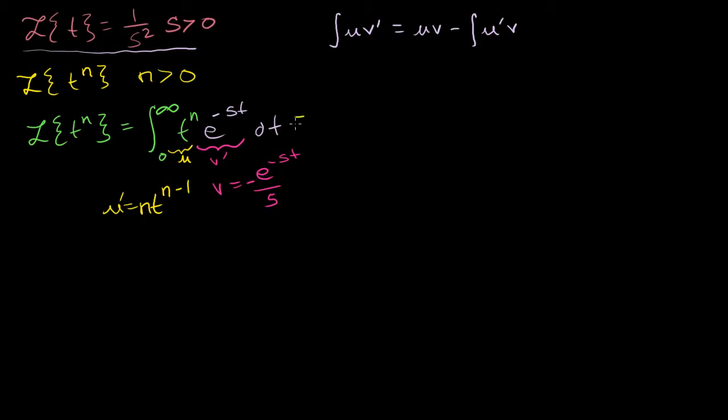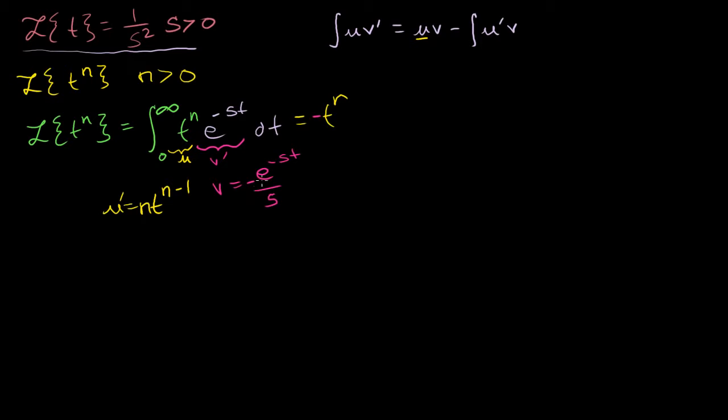So let's apply the integration by parts. So this is going to be equal to uv. U is t to the n, times v, which is e to the minus st over s. There's a minus sign there, so let me put the minus.